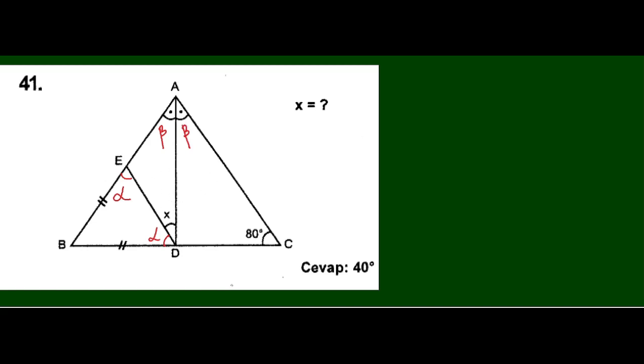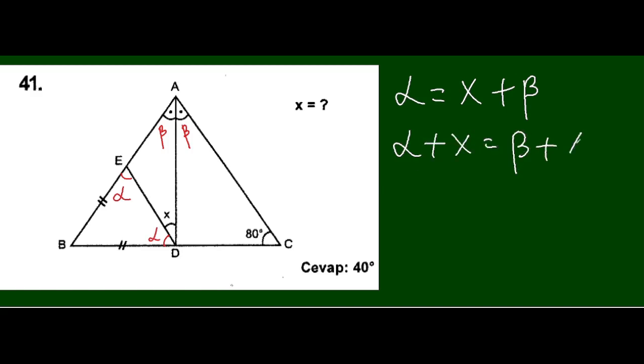And then we know that this alpha is equal to x plus beta, because this is an exterior angle. So x plus beta here, and also we know that beta plus 80 degrees will give us alpha plus x. So alpha plus x is equal to beta plus 80 degrees.